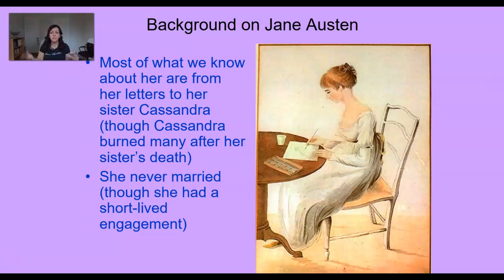So the speculation is maybe there were some letters that showed Jane in an unflattering way, so she burned them. Or maybe some information that Jane wrote about was a little bit too open, too much information about her personal life, and because Cassandra knew that her sister was very private, she decided to burn that. Who knows why she burned it?